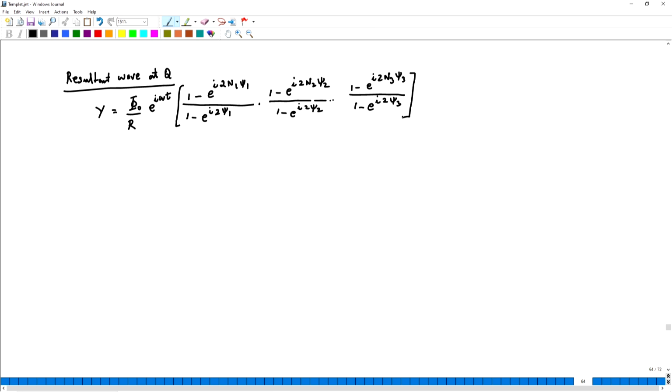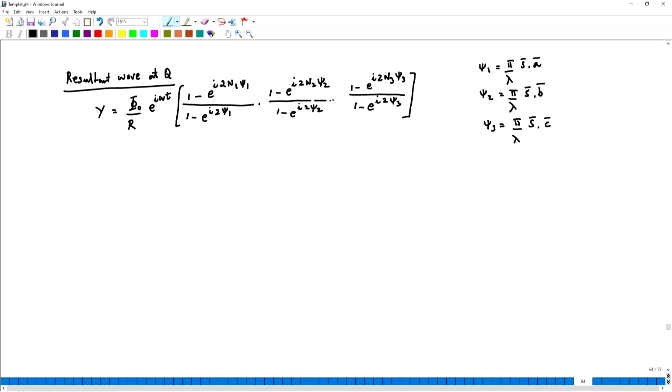So, this is the resultant of the wave, and let me also write down that psi 1 equals pi upon lambda s dot A, psi 2 equals pi upon lambda s dot B, and psi 3 equals pi upon lambda s dot C.